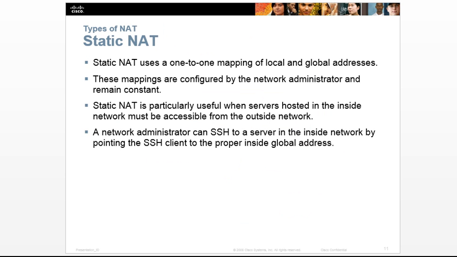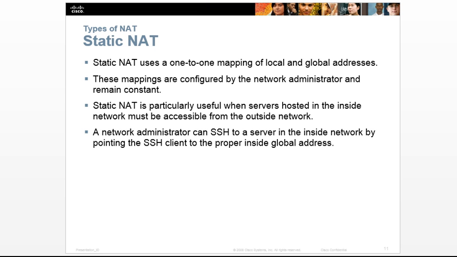So static NAT uses a one-to-one mapping of local and global addresses. These are configured by your admin, and they remain constant. Static NAT is particularly useful when servers are hosted inside but must be accessed from outside.